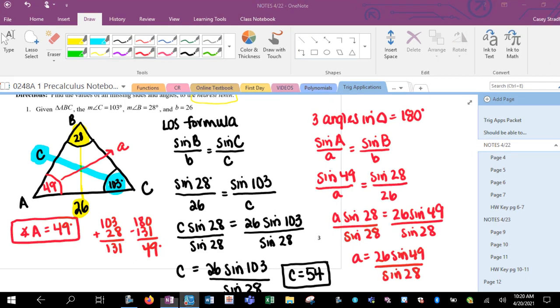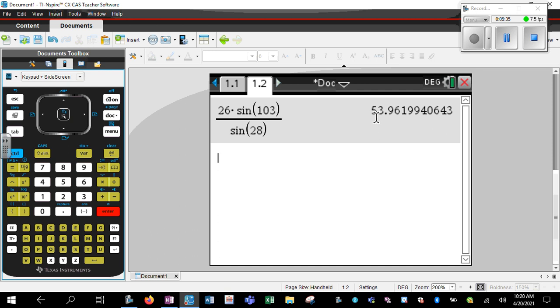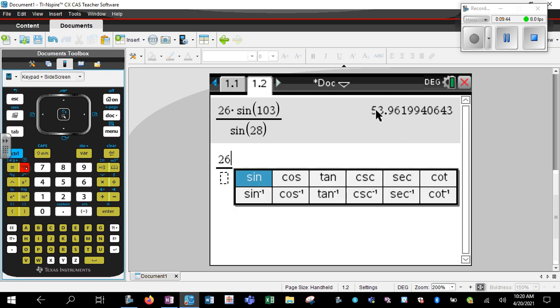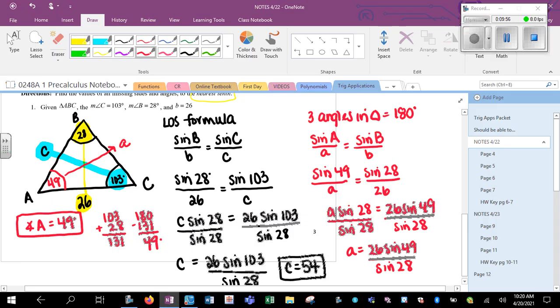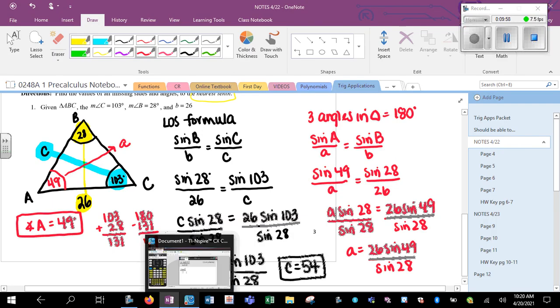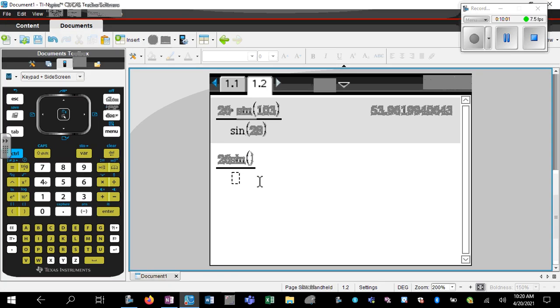So I go back to my calculator and I would type that in. 26 sine of 49 divided by sine of 28.